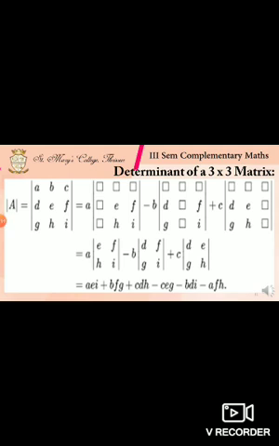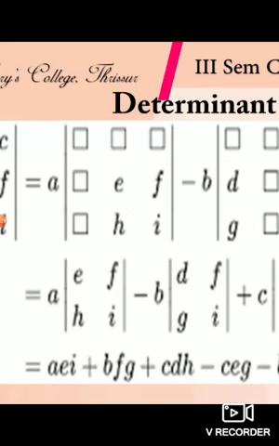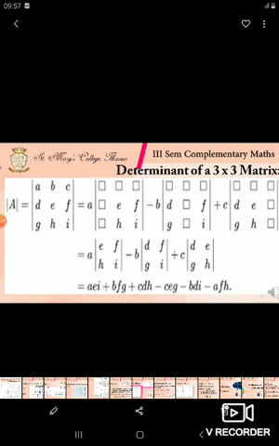So find the determinant. If you are given a 3 by 3 matrix, then how will you find the determinant? First you take the A11 position, then delete that row and that column, then we will get a 2 by 2 matrix, then take the determinant of this matrix, that is A into the determinant of EF HI, minus B into, delete the column and row containing B, then we will get a small minor matrix, then find the determinant, plus C into DE GH.